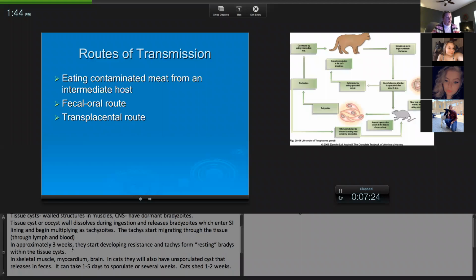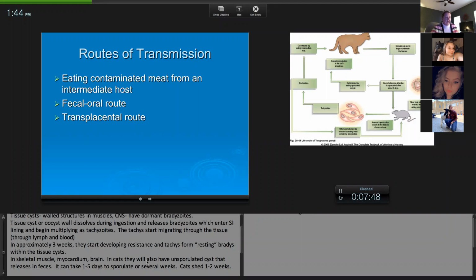In about 3 weeks, they can become very walled off, very resistant in the tissues. Here are some other notes: skeletal muscle, myocardium, which is heart muscle, and brain. These are all of the different places where we can find these cyst formations in these muscles.